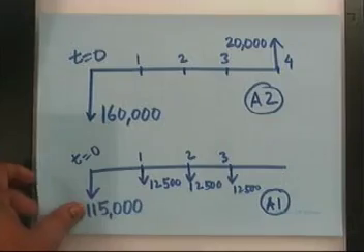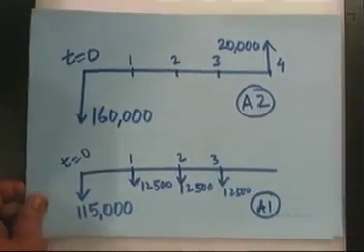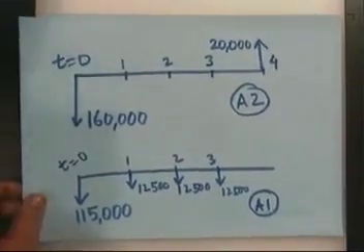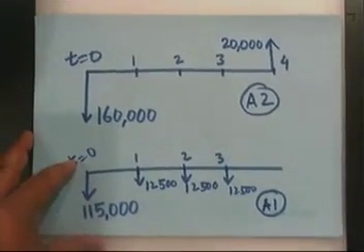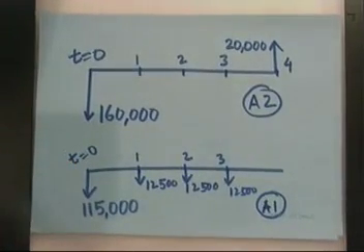For part 1, the common multiple method, I have to repeat the investment for asset 2 three times, whereas for asset 1, that is A1, I have to repeat the investment four times.